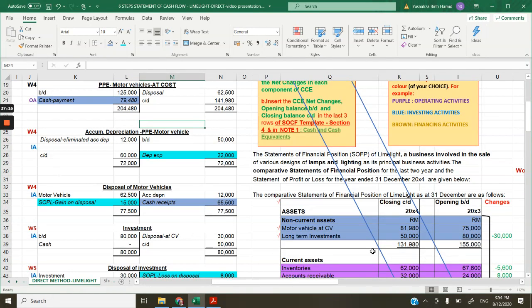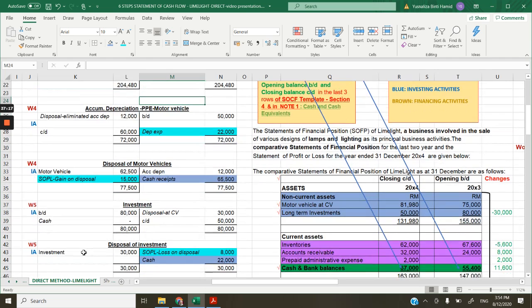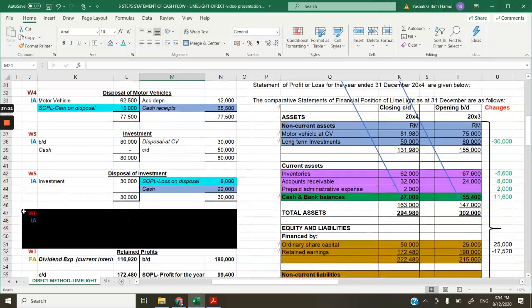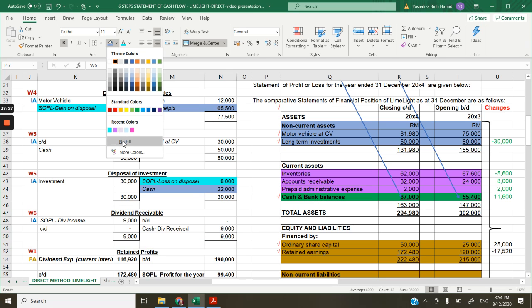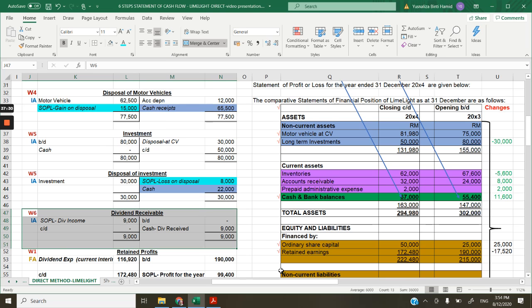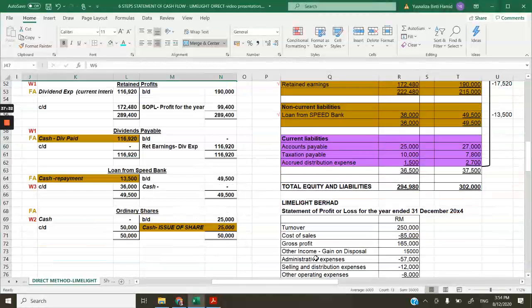So then you can now do the last item under your investing activities, which is trying to find out what the cash receipt from the dividend is, as your investment income.